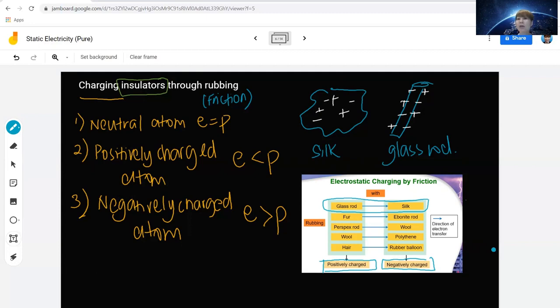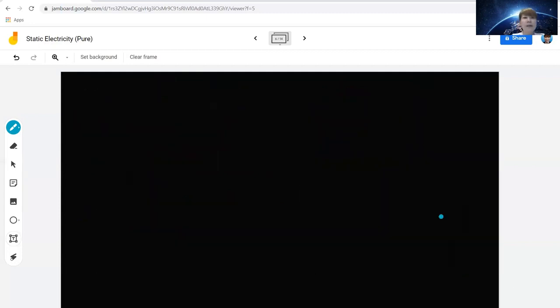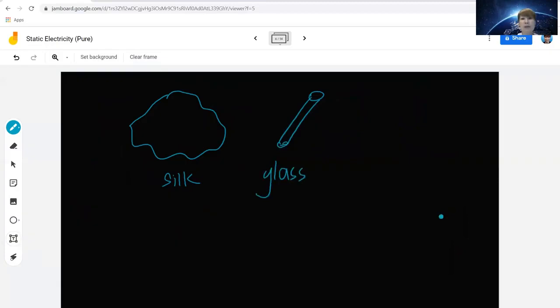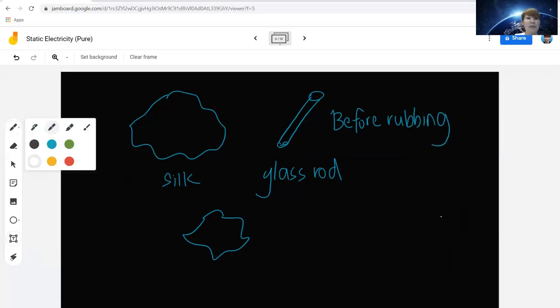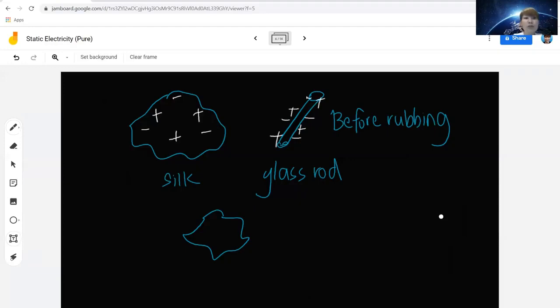Now let's go back to our example. We have the silk and the glass rod. After rubbing, the glass becomes positively charged. Before rubbing, they were neutral, with equal negative and positive charges. During the rubbing, due to the material itself, glass was more willing to give away electrons.